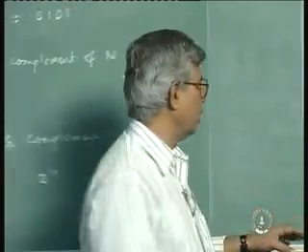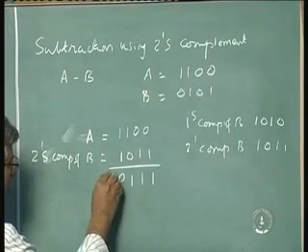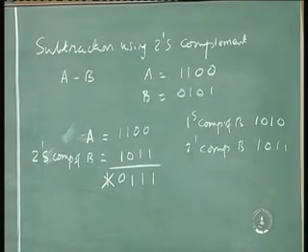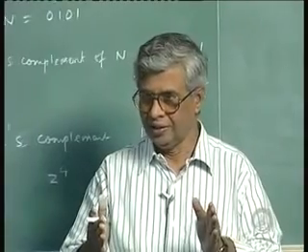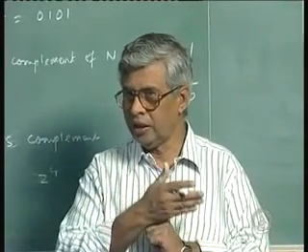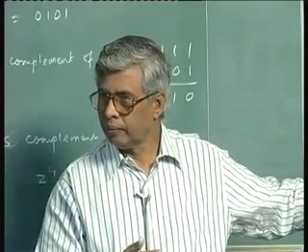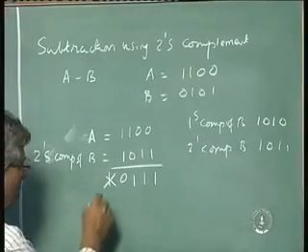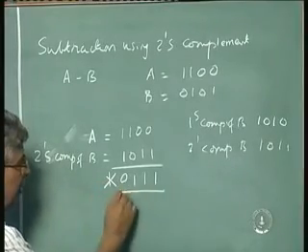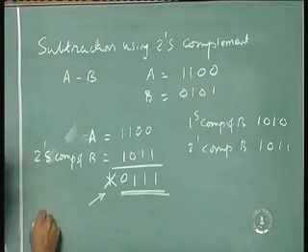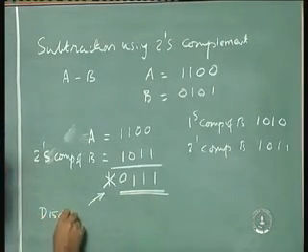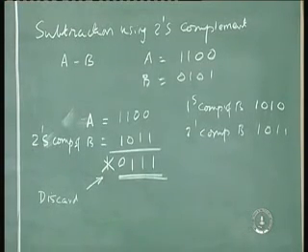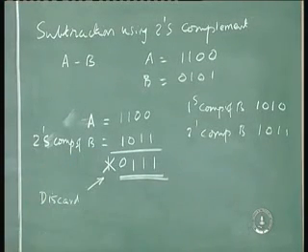So all I have to do is discard that carry, ignore it. Because I know that the result is going to be 4 bits or less, I discard the last bit. Now what is this number? 0111 is 7. So 12 minus 5 is 7.